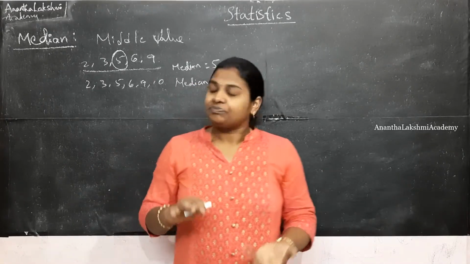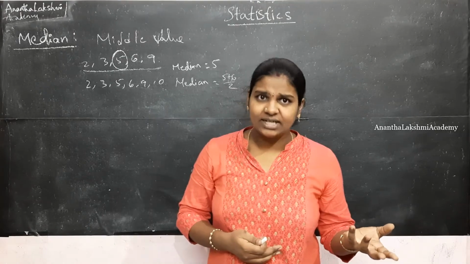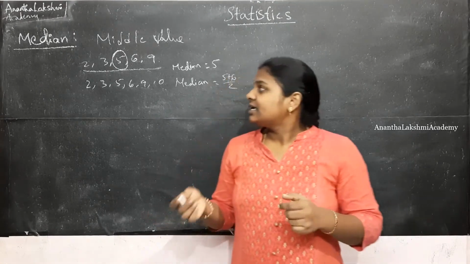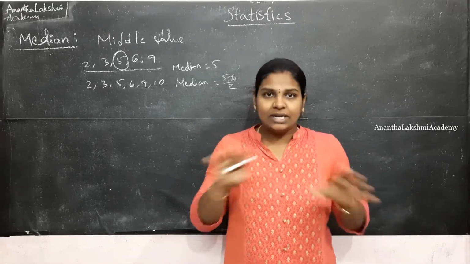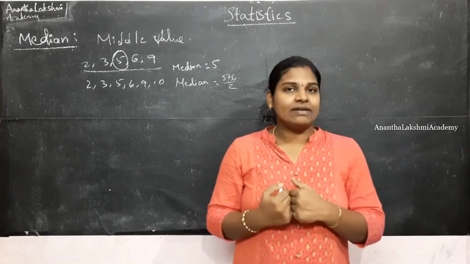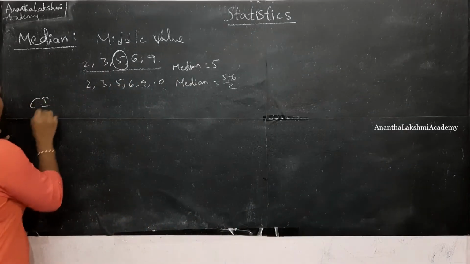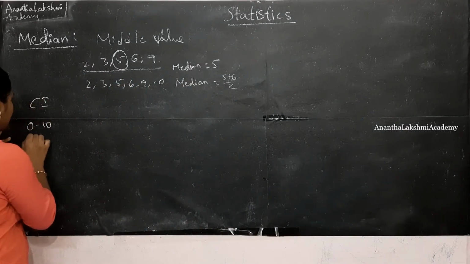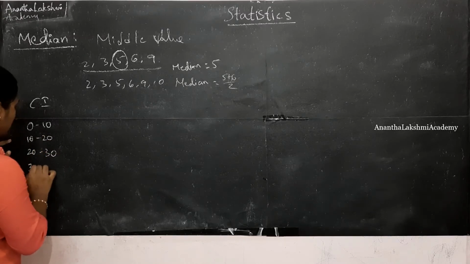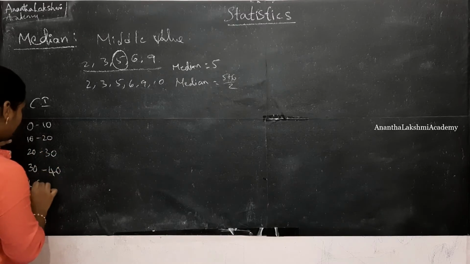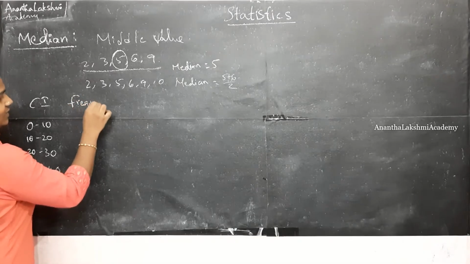Alright, now for grouped data, what is grouped data? Yesterday we discussed it in part 1. It is nothing but the intervals, the duration or period of observations, given like 0 to 10, 10 to 20, 20 to 30, 30 to 40 and 40 to 50. With this the corresponding frequencies are given.